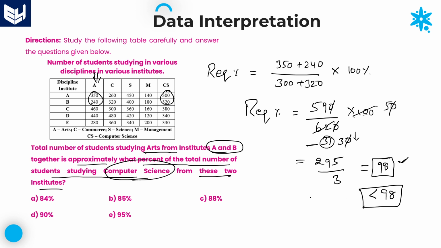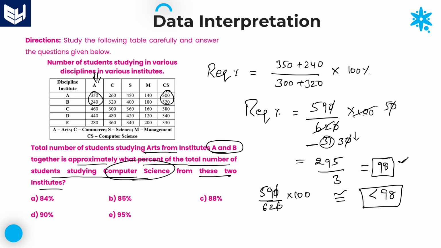Therefore, the final answer will be less than 98 and approximately equal to 98. We are not calculating the exact value, but if you want to calculate the exact value, there is no other option: you need to calculate 590 divided by 620 into 100.